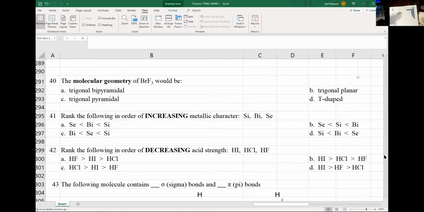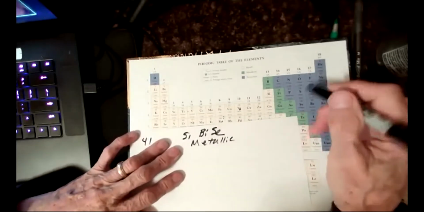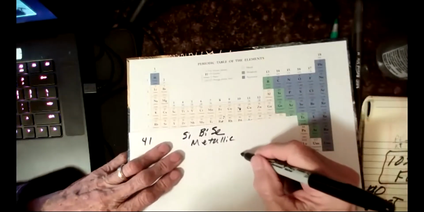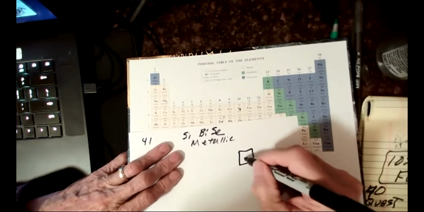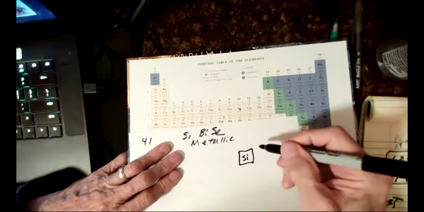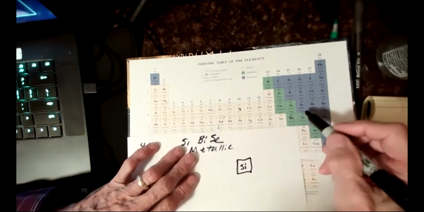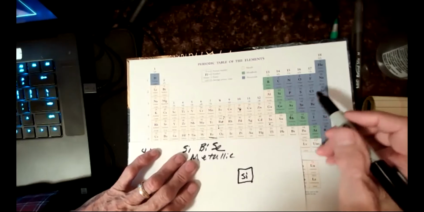Okay, so let's go back over there so we can see the periodic chart and sketch where they're located. Where silicon is right there, so it's under carbon, so let's put silicon here so I can do things on each side of it. Okay, bismuth, where is bismuth related to silicon?